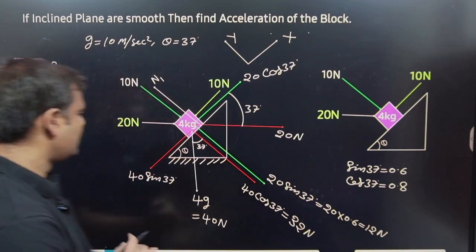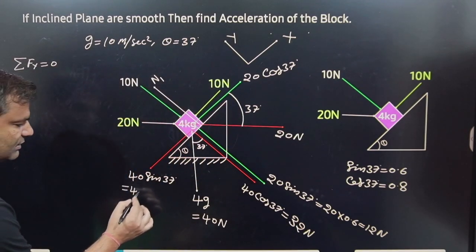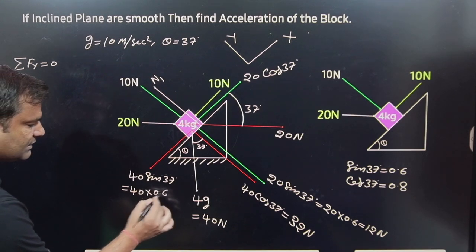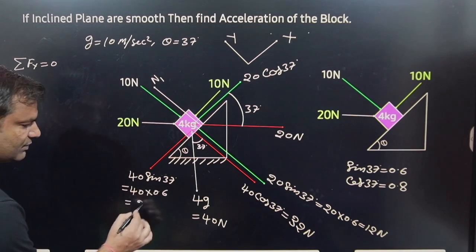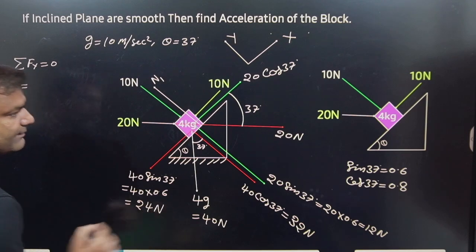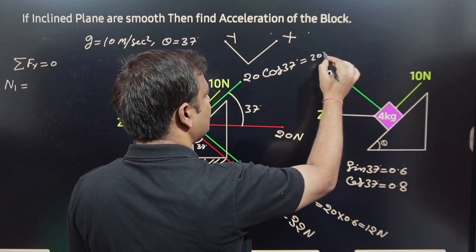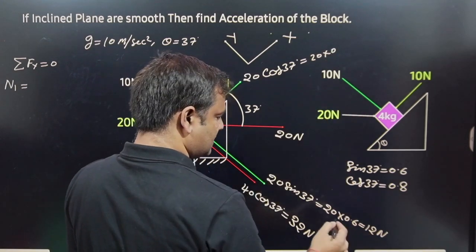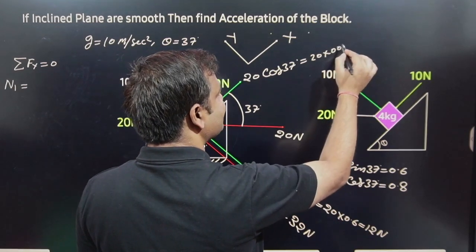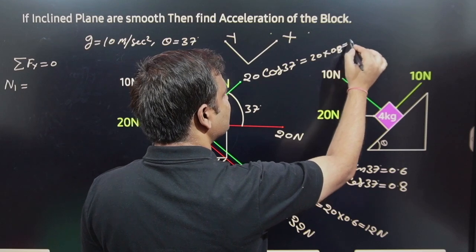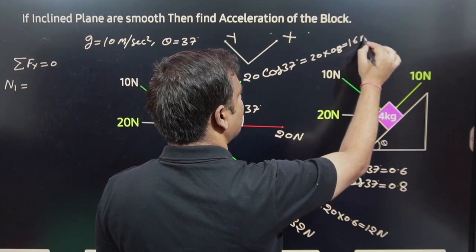And 40 sine 37, that is 40 into 0.6, which is 24 Newton. And here 20 into 0.8, that is 16 Newton. I hope it is clear.